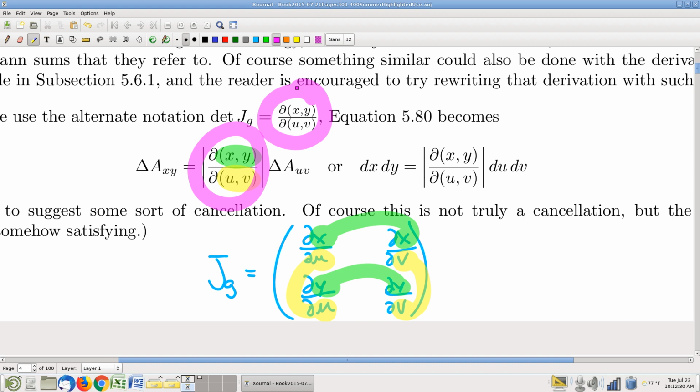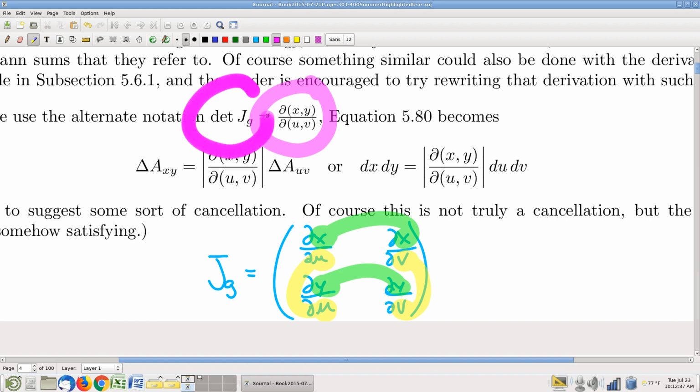Very convenient. Now, do be careful. This notation here does include taking a determinant, right? Which, okay, it's not the craziest thing in the world, because if I want to think of this as being a number, it is a number. I can't just set that equal to the Jacobian matrix.